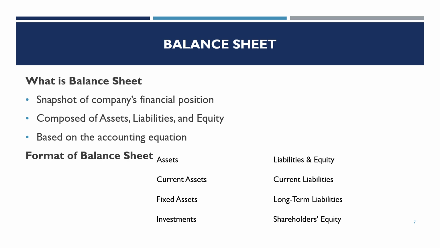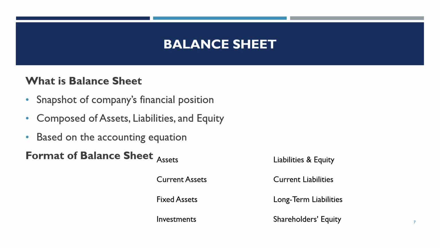Here the simple format of the balance sheet is shown. The first column is assets and the second column is liability and equity. In the assets, there are current assets, fixed assets, and investment assets. Liability and equity means the current liabilities, long-term liabilities, and shareholders' equity. In this way, industries maintain their own balance sheet.